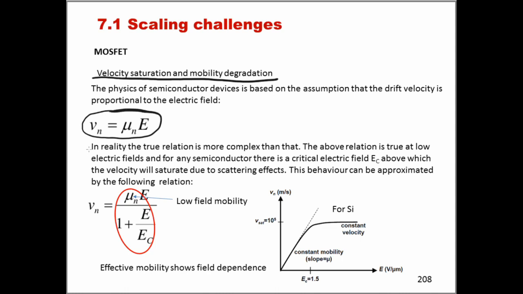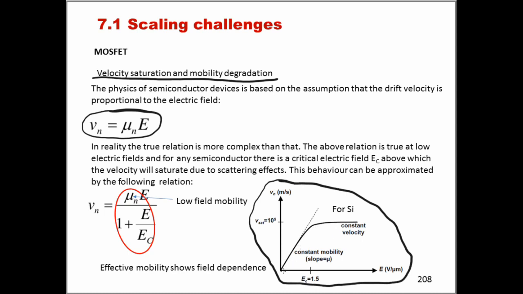In reality, we know that a more correct investigation of this relation highlights the fact that the relation between velocity of the carriers and electric field in the semiconductor, for example silicon, should have the shape that I've shown you here.